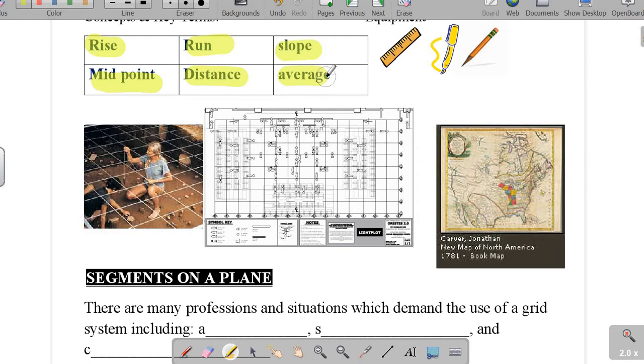Coordinate planes are used in a variety of professional settings. Archaeologists use them in grid systems, creating physical grid systems for discovery. Different kinds of engineering and map and GPS systems use grid systems for location. So learning how to orient segments on a grid system, both 2D and 3D, is really significant.